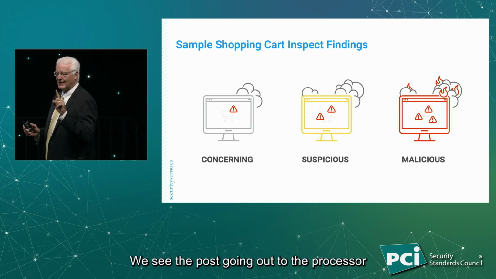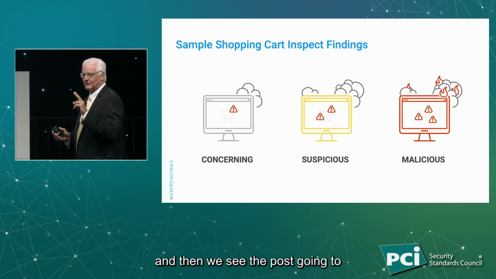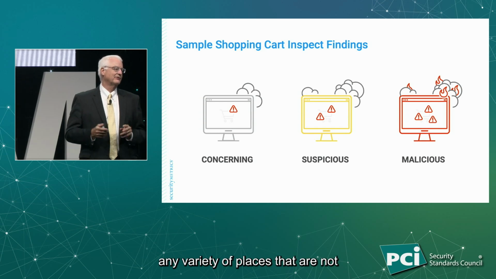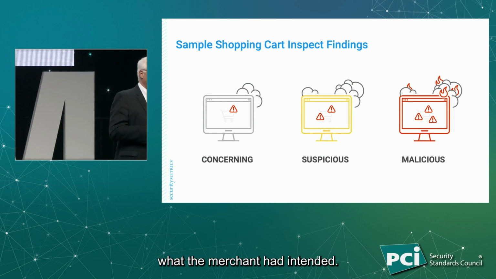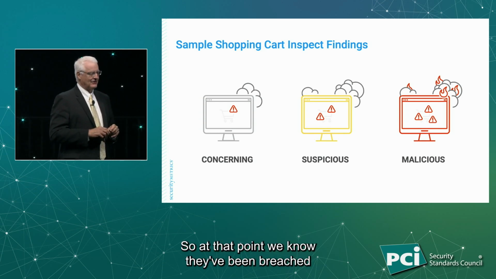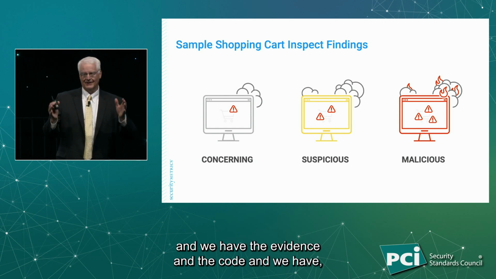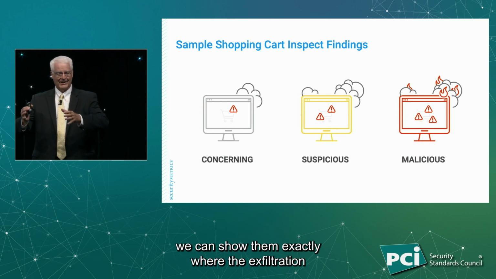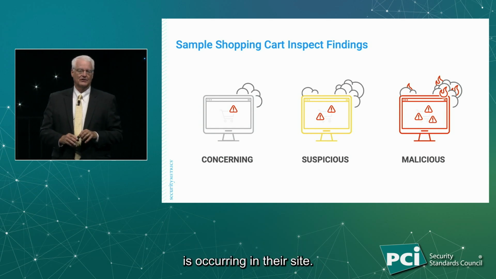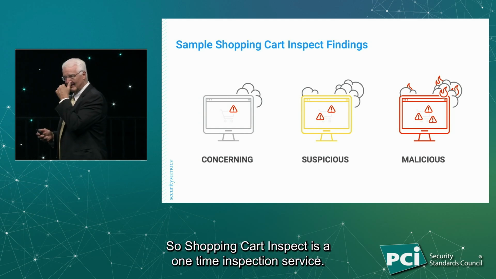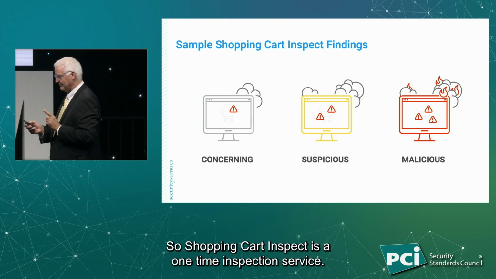We see the post going out to the processor, and then we see the post going to any variety of places that are not what the merchant had intended. So at that point, we know they've been breached. And we have the evidence and the code, and we can show them exactly where the exfiltration is occurring in their site. So Shopping Cart Inspect is a one-time inspection service.